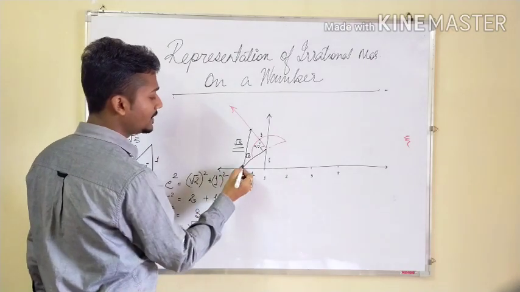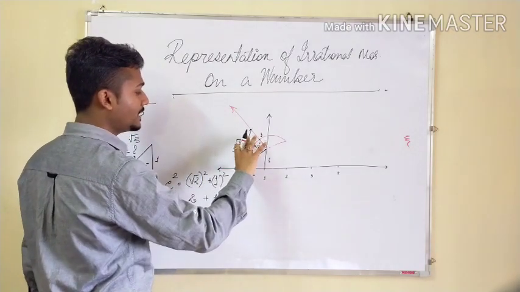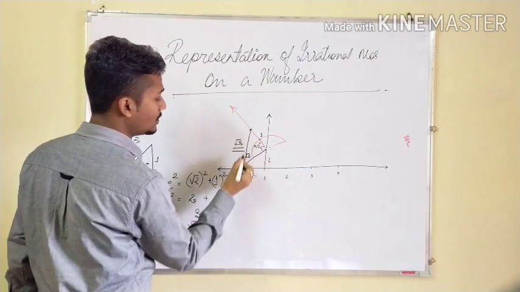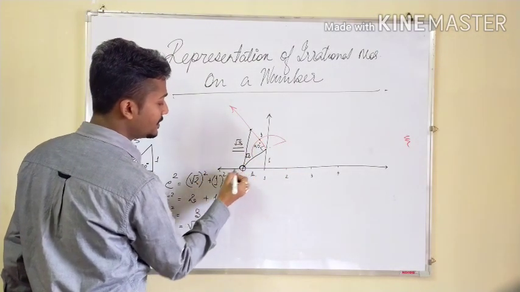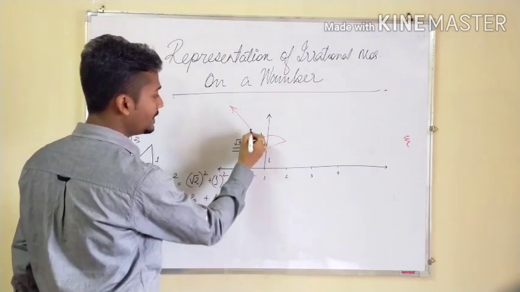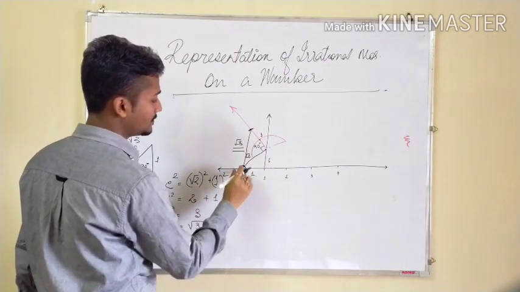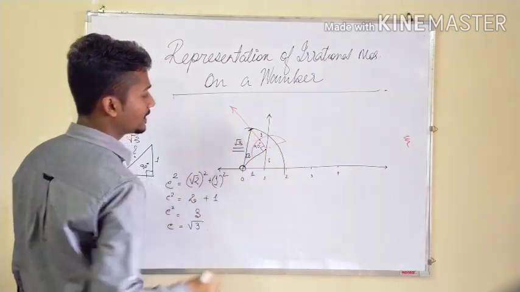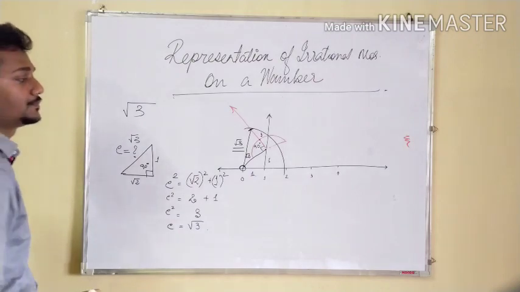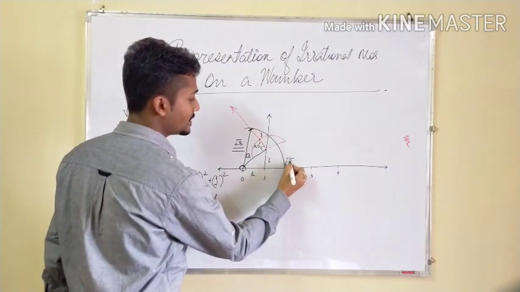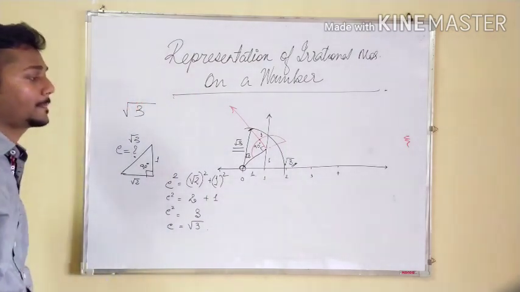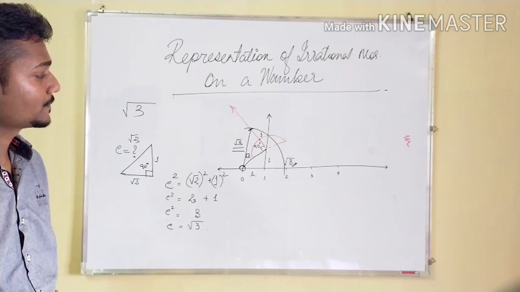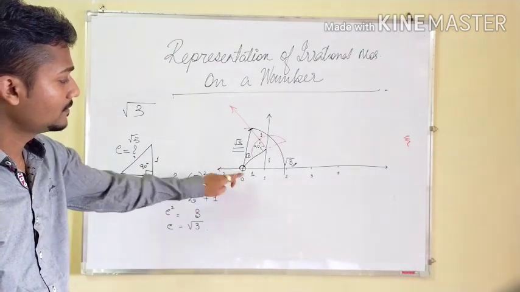How will I represent it? Again, similarly, you will take the help of your compass and pencil. Take 0 as the center and from here to here take the radius and draw an arc. This is equal to root 3. You will place the compass here.